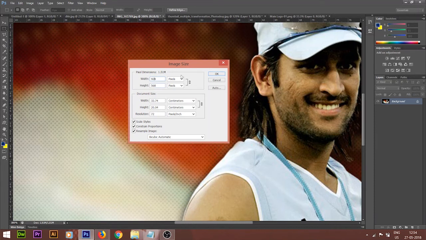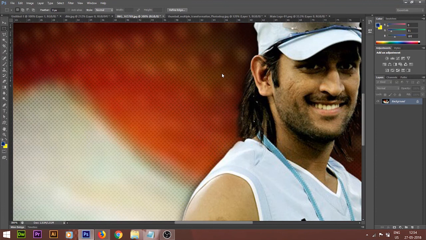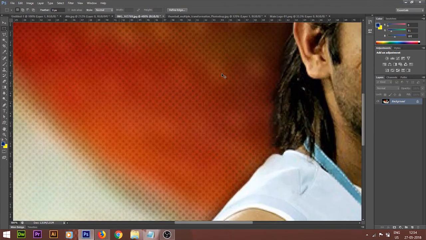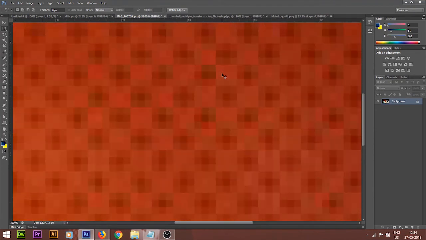So it totally becomes 928 by 568 pixels. This is how we can calculate or map any image by this method, and this is the physical existence of a pixel. 1 pixel is equal to 1 square.